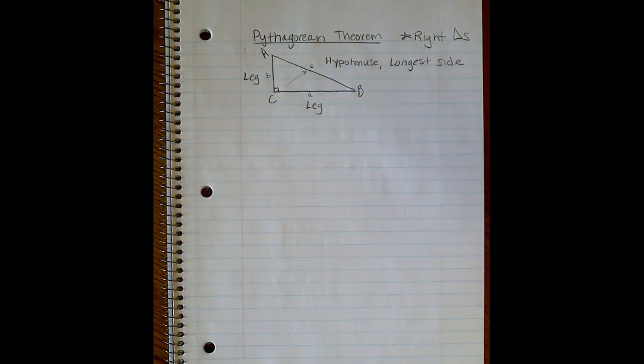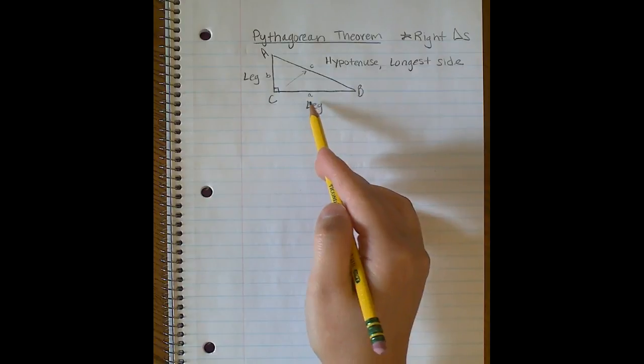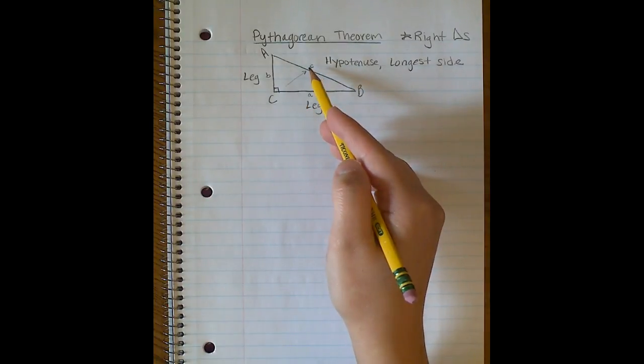You probably recall from the activity that we did in class with the little squares that you had to arrange, that when you square both the legs and add them together, it is equal to the square of the hypotenuse.